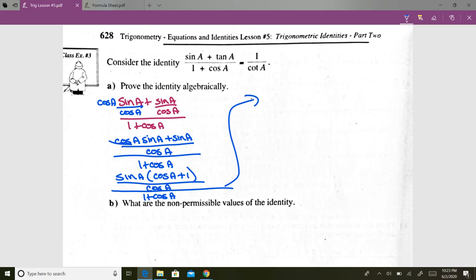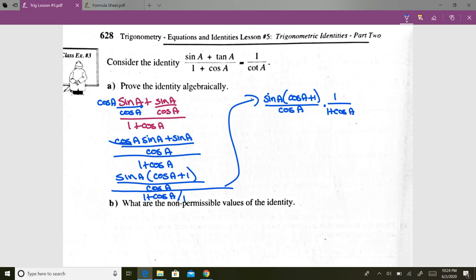So we have a fraction over a fraction, and this 1 plus cos of A, you can think of it as over 1. When you're dividing fractions, you flip the bottom fraction and multiply. So now I have sine of A, cos of A plus 1 over cos of A times 1 over 1 plus cos of A.